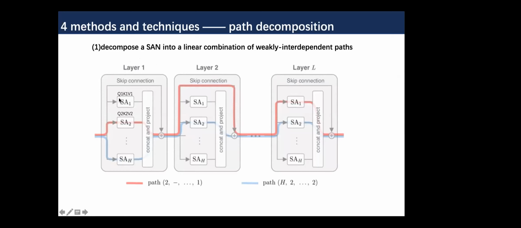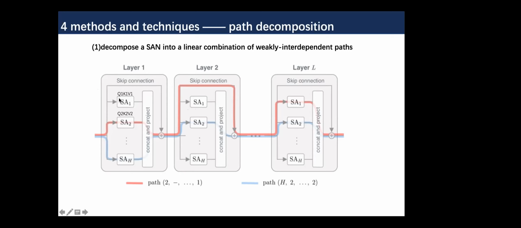SA1 means head 1, SA2 means head 2, until SAH means we have H heads inside one layer. We also have the skip connections. Of course, in a SAN we don't have this skip connection line, but it's in the transformers, right?